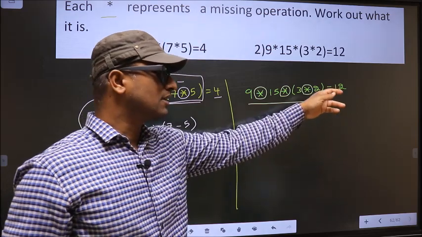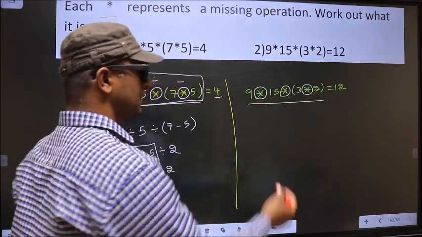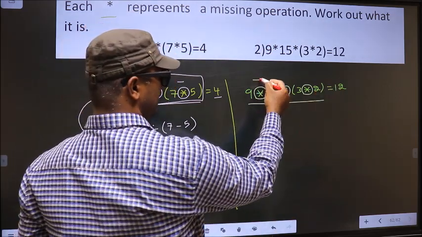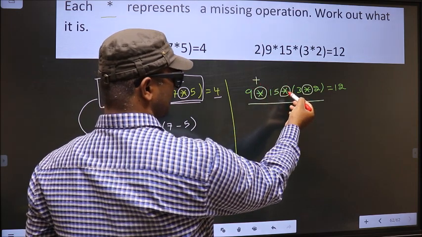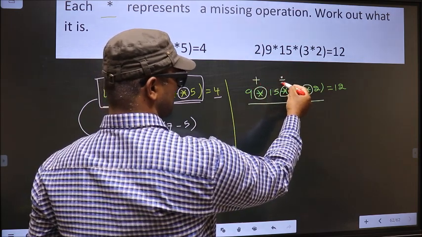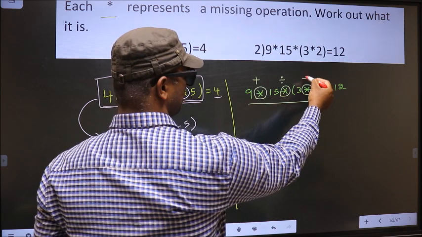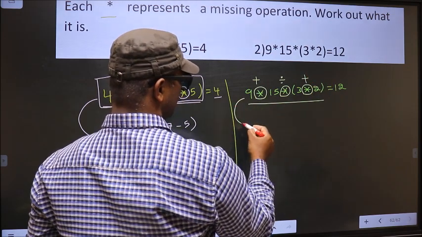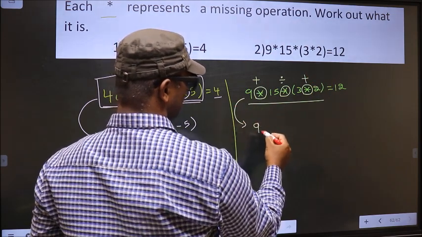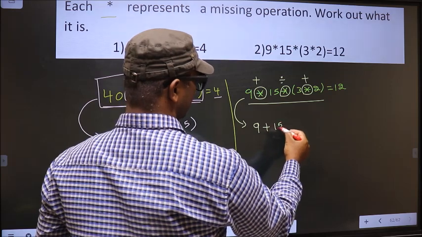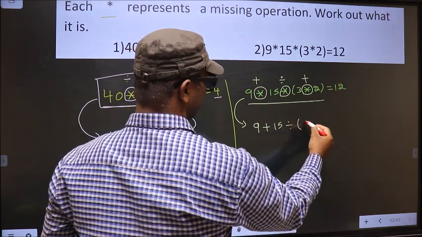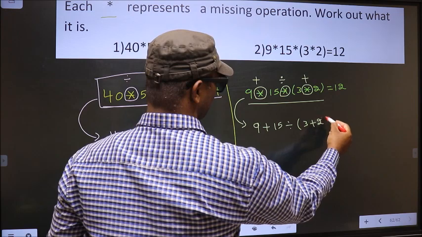To get the result 12, we should replace this symbol by plus and here this symbol by division and this symbol by plus. Now this will change to 9 plus 15 divided by 3 plus 2.